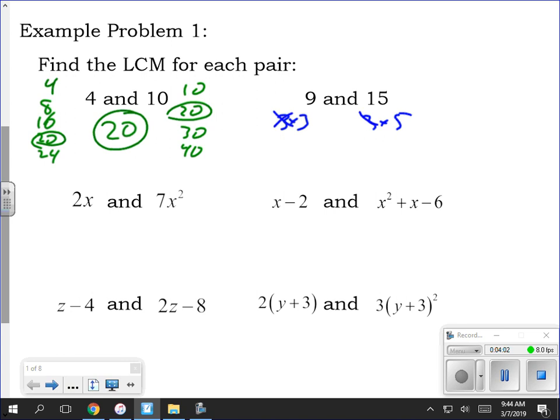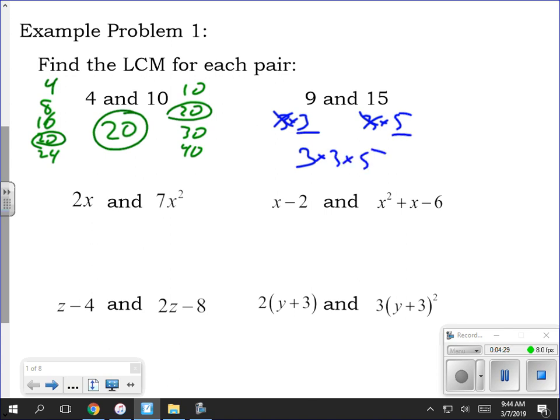I have to have a 3 in my least common multiple. I had one 3 in each. I took out one from each. Is there anything else that's shared? No, there's nothing else that's shared. So everything else needs to be listed in my answer. So that means I have to have this 3 and this 5 also.